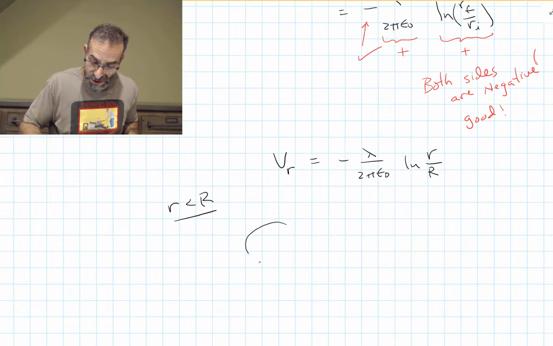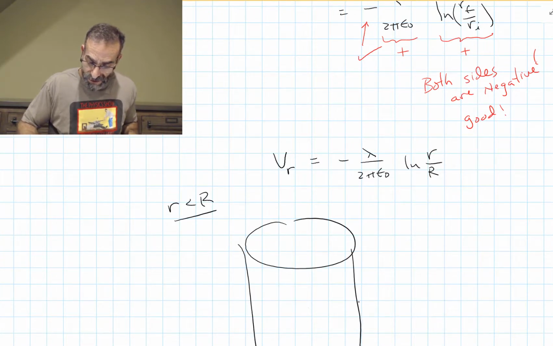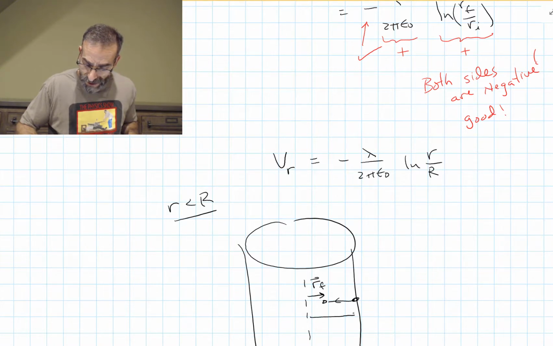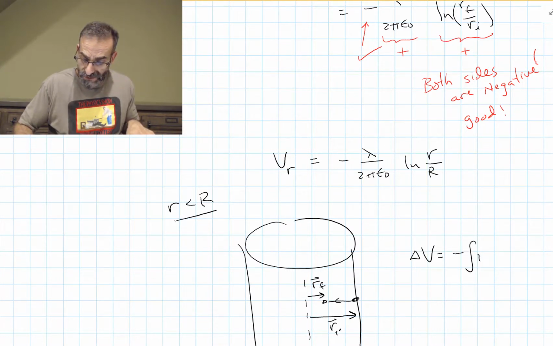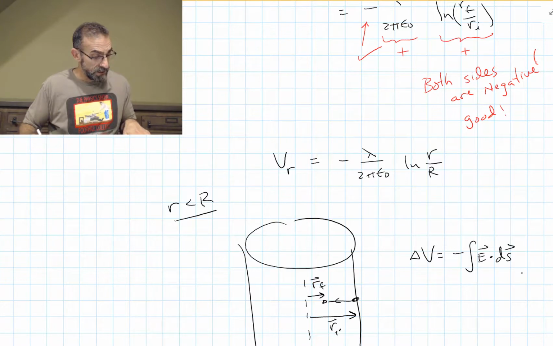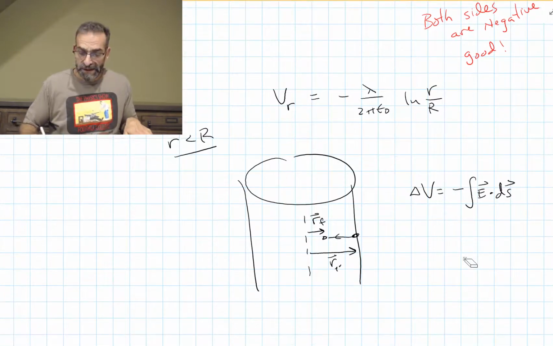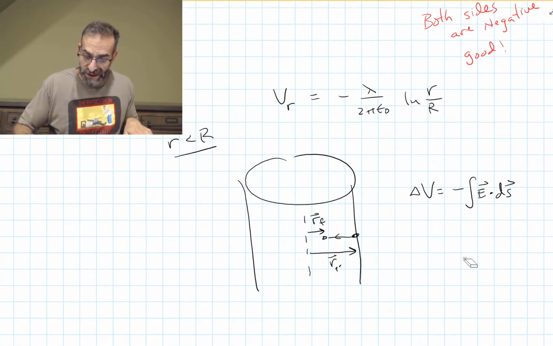So we're going to start on the surface of our cylinder and work our way in to some other location. So this is going to be our final. This is our initial. And we say delta V is minus the integral of E dot ds.